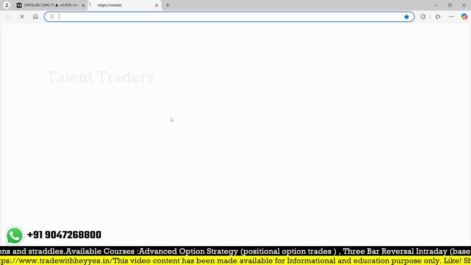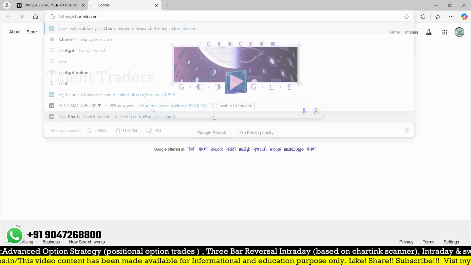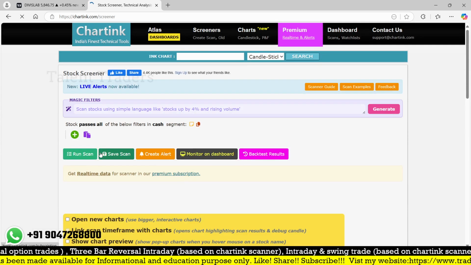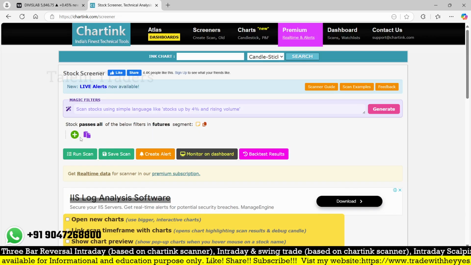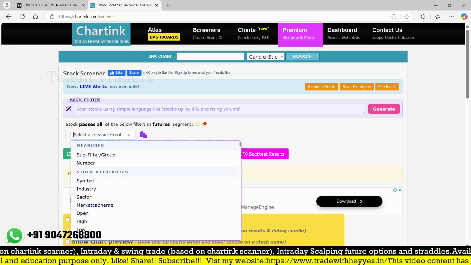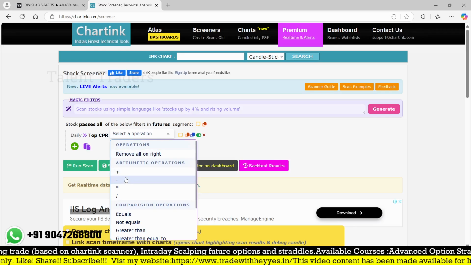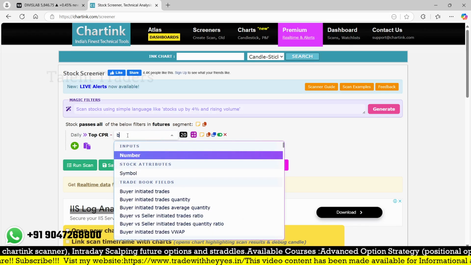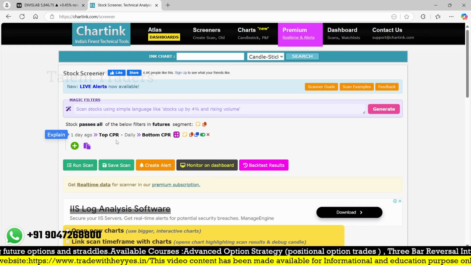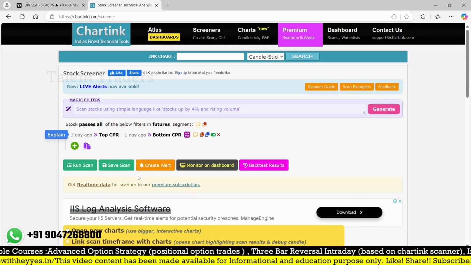So let me try to create a charting scanner with simple logic. Normally the TC is always greater than the BC. I'm going to use futures stocks and the top central pivot, a custom indicator I have already created, minus the bottom central pivot, which is the BC. So TC minus BC, on a 1 day ago basis. If you use the daily, it would fetch stocks for tomorrow also.